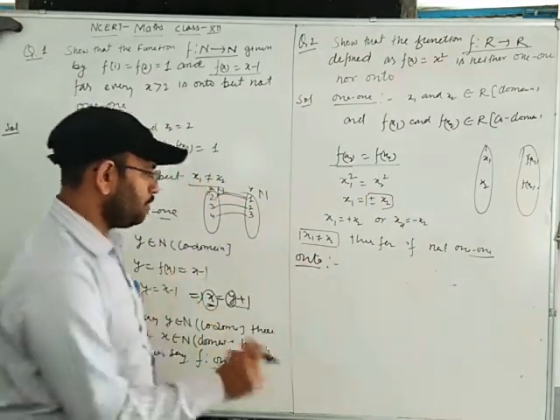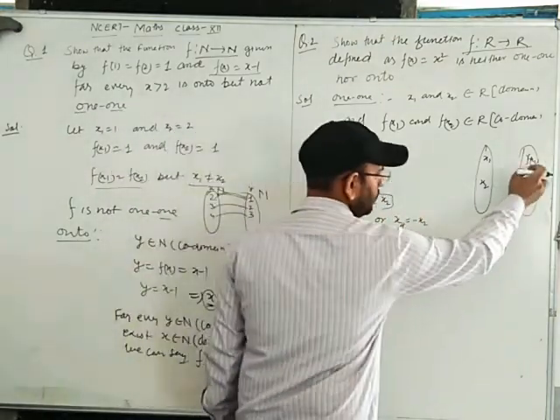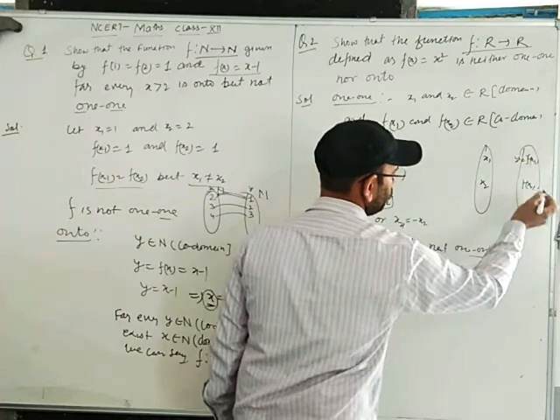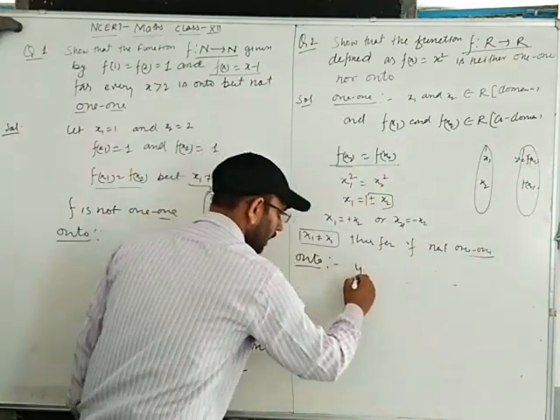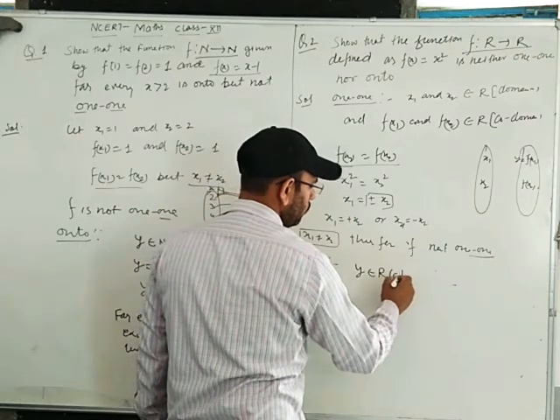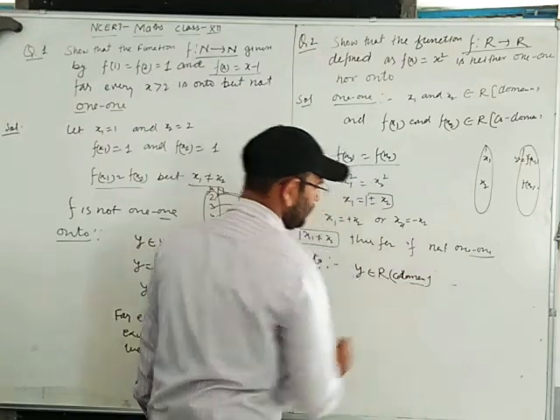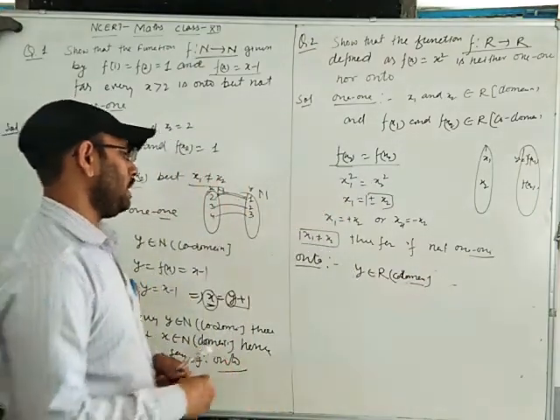Similarly, to prove onto, we have to select one element from set B. This can be written as y. y is equal to f(x). So y is any element from the real number codomain. We are selecting from the codomain, and what is the next step?